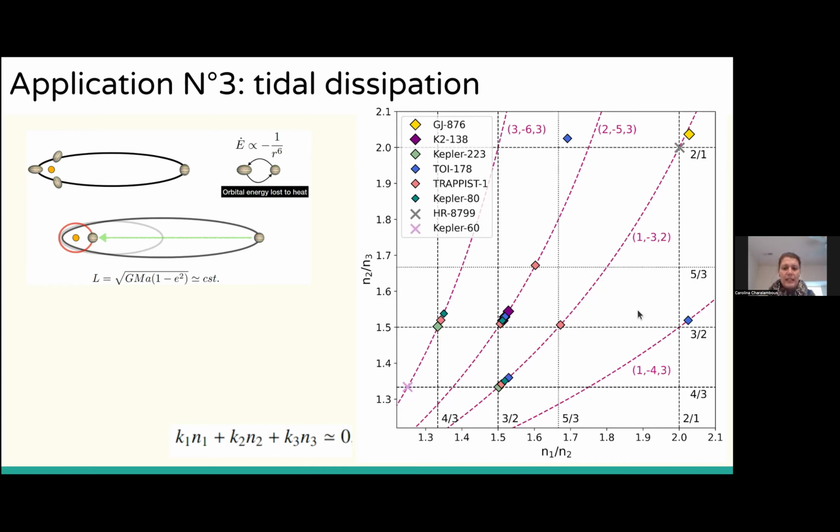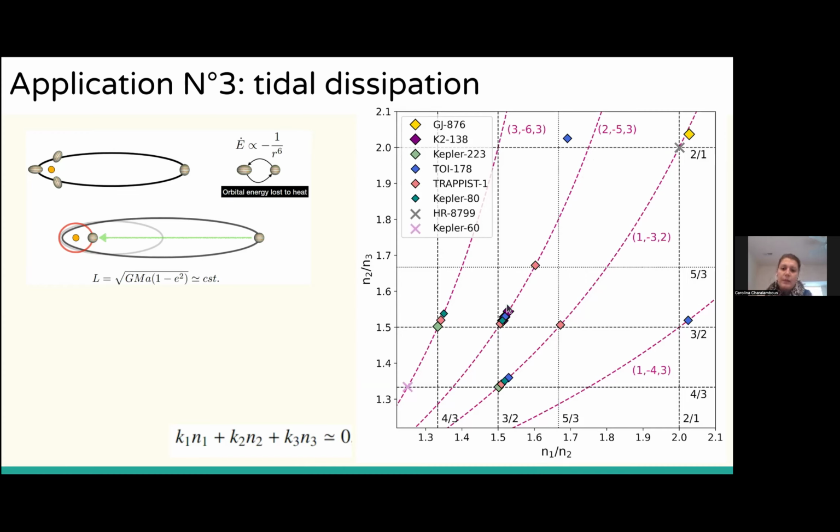And so once again, in this plane that I showed you before, the mean motion ratios of planets 1 and 2 over the 2 and 3, we see again in vertical lines the mean motion between the first and second planet, and in the horizontal lines we see the mean motions between the second and third planet. But the dashed violet lines show the resonances between the 3 planets altogether in the system.